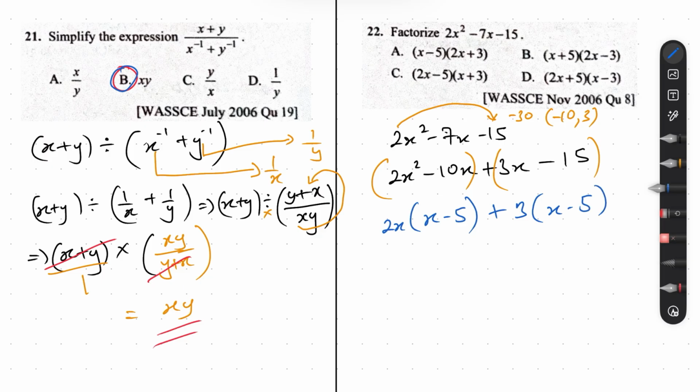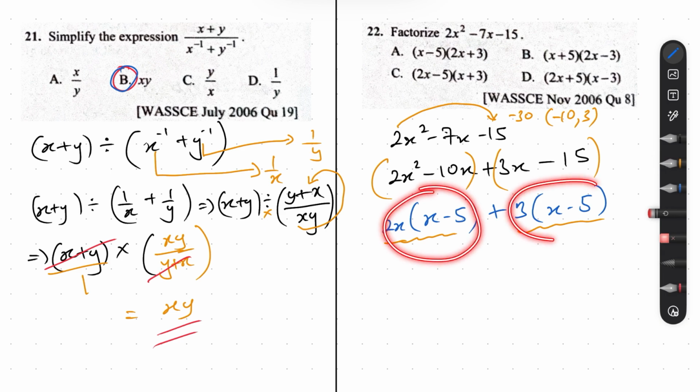Now we have two expressions here. This is one expression and this is another expression. In these two expressions, what is common between them? We have x minus 5 here and x minus 5 here.